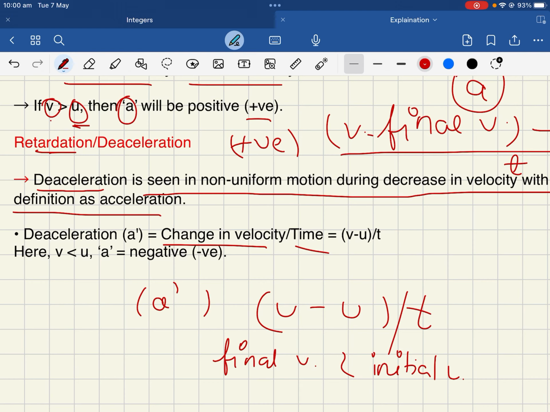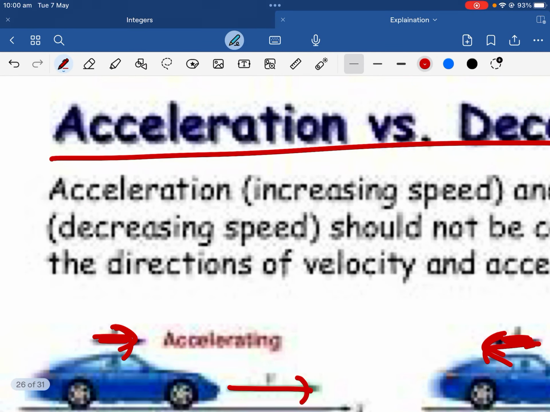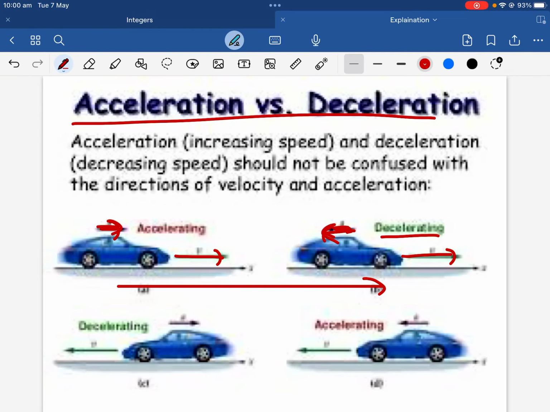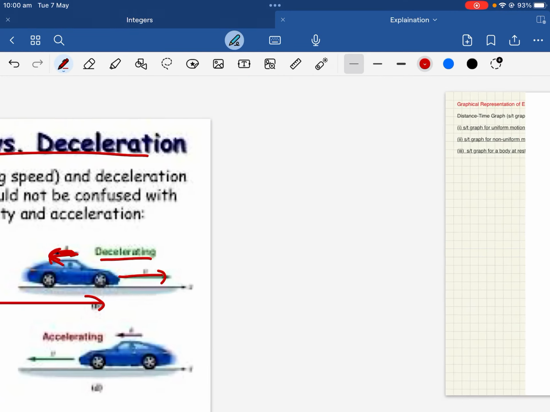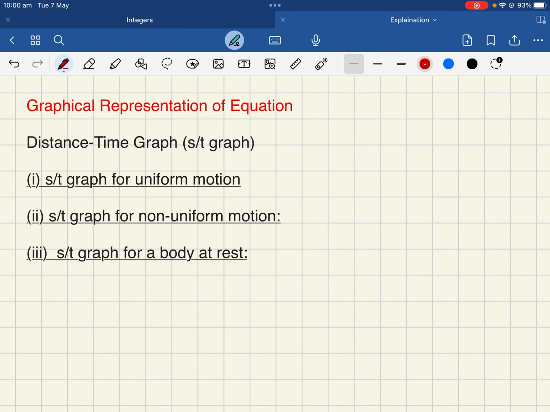Initial velocity is always represented by u and final velocity is always represented by v. That was relatively simple, wasn't it? And now we have 3 equations of motion. First, graphical representation of equations.